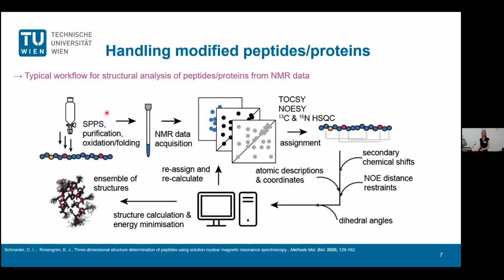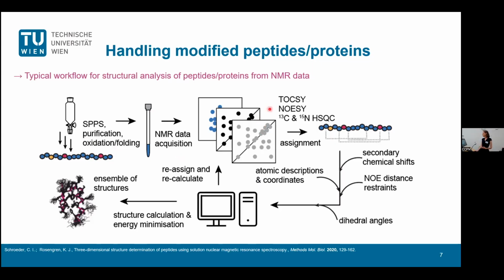So typically we make our peptide or protein synthetically and or ligate it. Of course, fold it if it's a folded protein. These days we tend to work more with intrinsically disordered proteins, which then brings some other difficulties in terms of signal overlap, but at least it means you don't have to fold them. We then acquire our NMR data.